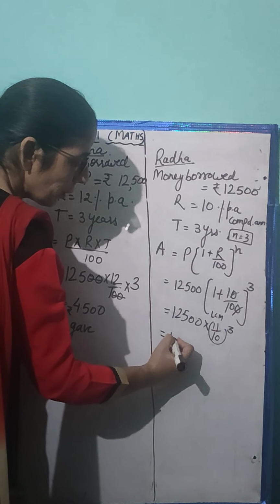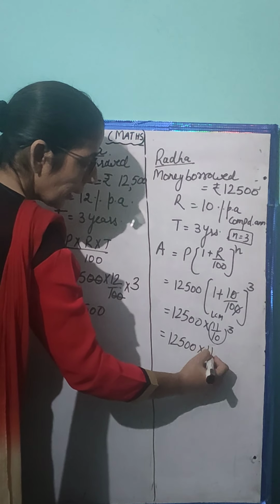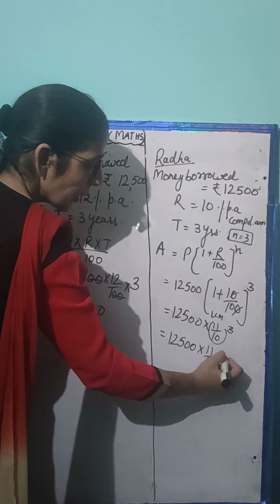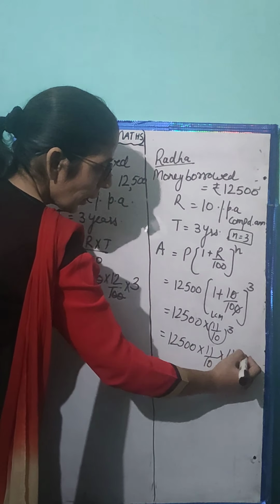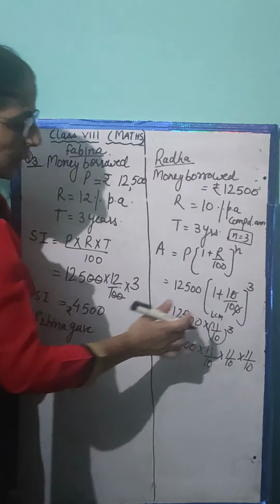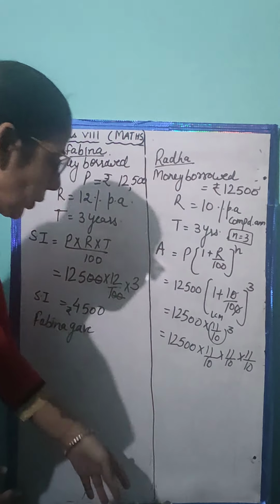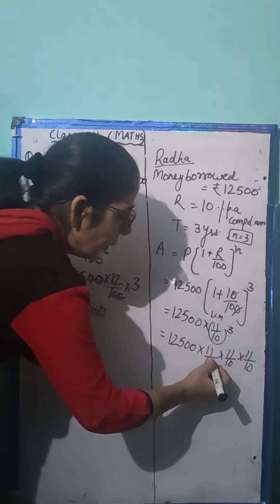So it will be 12,500 into 11 by 10, 11 by 10 and 11 by 10, three times, because 11 by 10 raised to power 3 is there. So 2 zeros here will cancel.